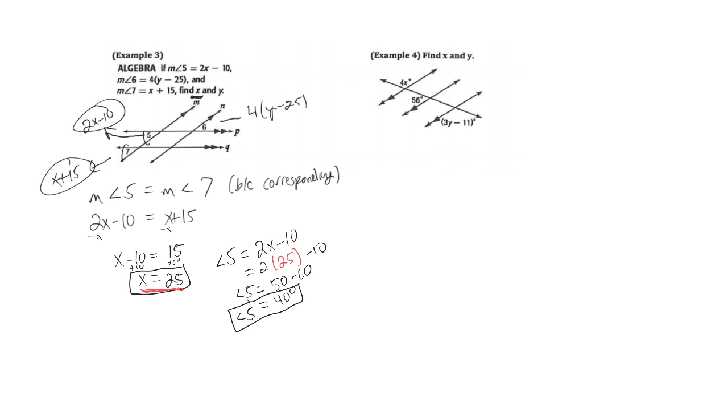Now we found x, and we need to solve for y. The equation with y is angle 6. If we look, angle 5 and angle 6 are equal to each other. The measures are equal because they're alternate exterior.